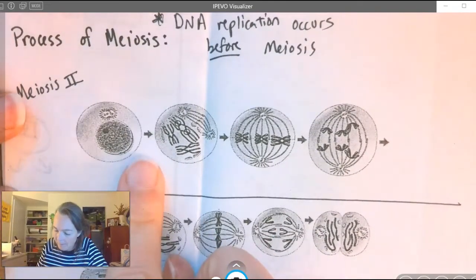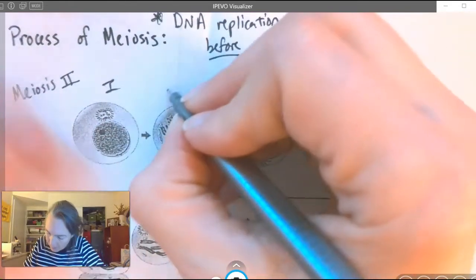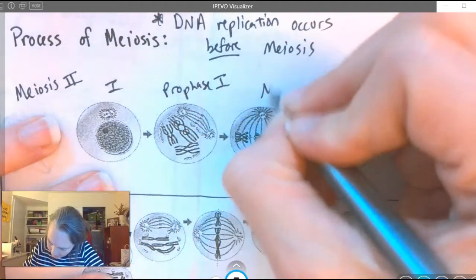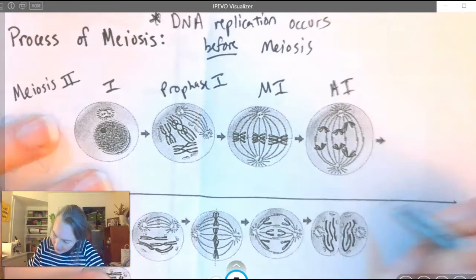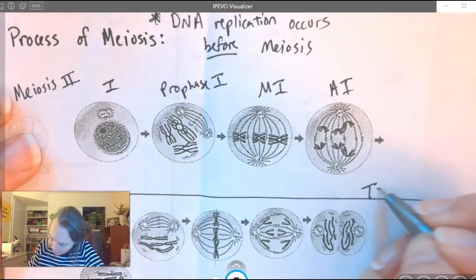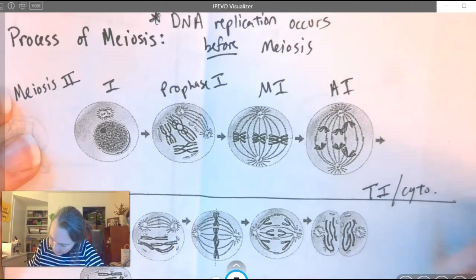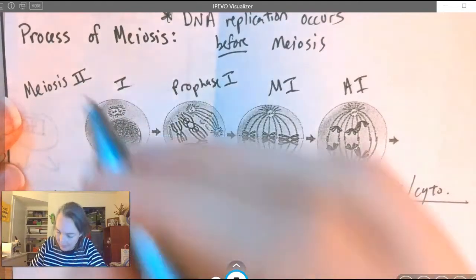In meiosis 1, we have interphase, prophase 1, metaphase 1, anaphase 1, and like telophase 1 / cytokinesis. A lot of important things happen in meiosis. I said meiosis 2 there.